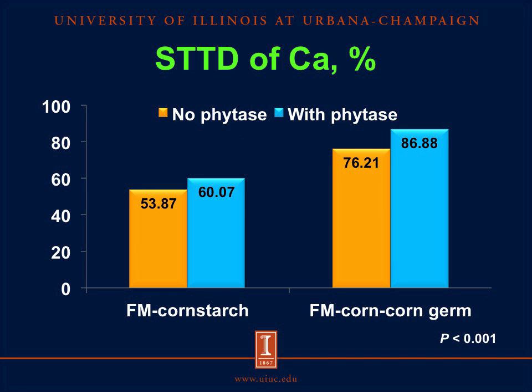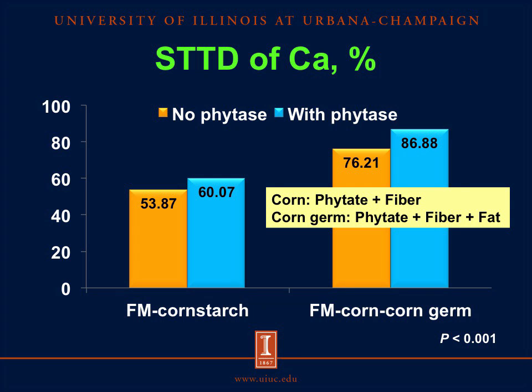In this slide, we show the standardized total tract digestibility of calcium in the 4 diets again, because as you can see, when we compare the 2 groups of diets, the diets that contain fish meal, corn, and corn germ had greater standardized total tract digestibility of calcium than the fish meal cornstarch diets.